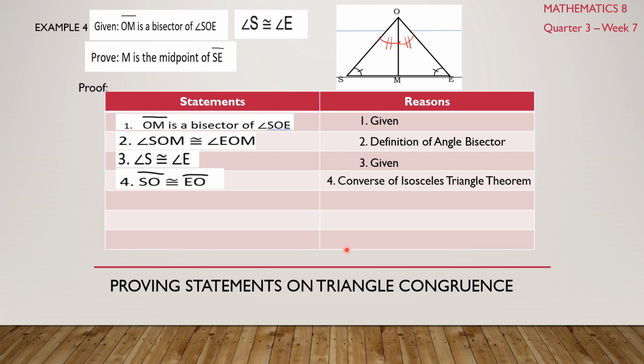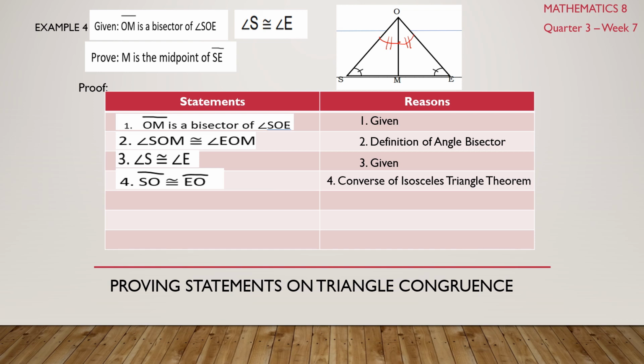So, ano ba ibig sabihin ng converse of isosceles triangle theorem? It means that if two angles of an isosceles triangle are congruent, then the sides opposite of these angles are also congruent. So, lagyan natin ang marking.